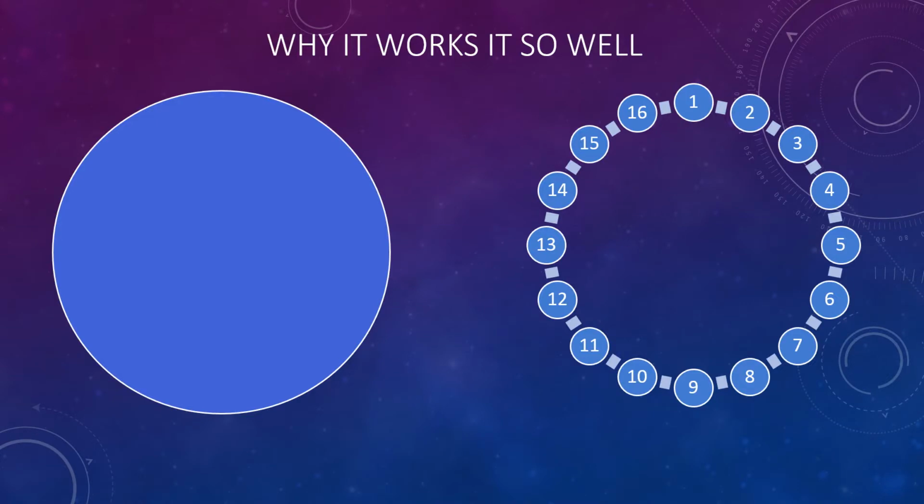So let's take a closer look at how our separator works so well and why we came to the conclusion that 16 separators would work better than one bigger separator. First, let's talk about angular velocity, which is the speed or the velocity around this circle if I had something moving there.